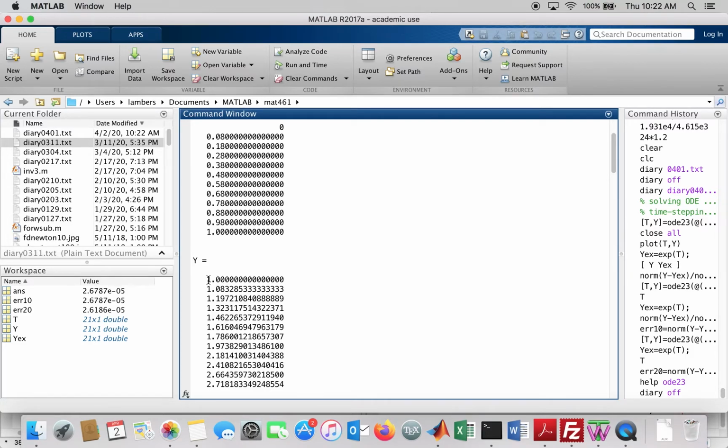So the first row would be y0, the second row would be y at the first time, the third row is y at the second time step, and so on. If I'm solving a system of, say, 5 ODEs, so y0 is a vector of 5 components, then this capital Y, the output, will have 5 columns to hold those components at each time.